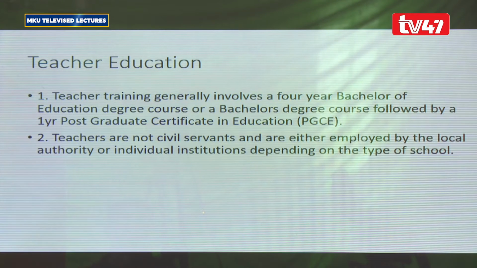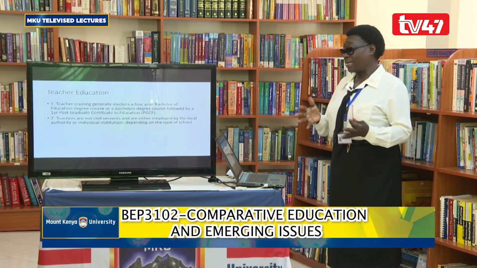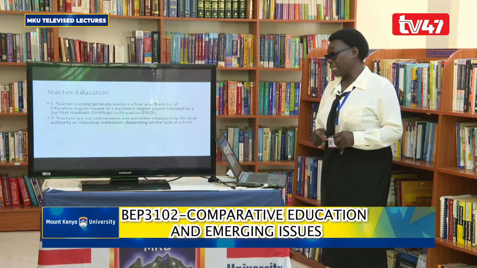In all the universities handling teacher education, a PGDE course is offered within 1 year. You are either a science teacher or an arts teacher, depending on your undergraduate degree course. It was either a Bachelor of Arts or a Bachelor of Science. Then you become a teacher in the specific field.